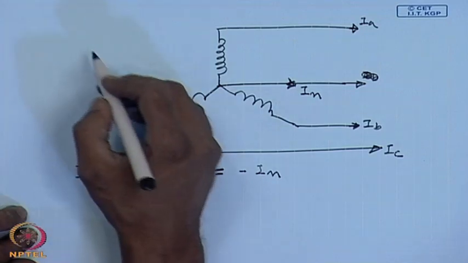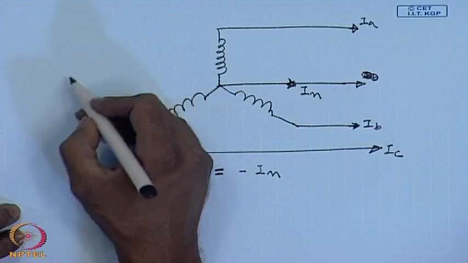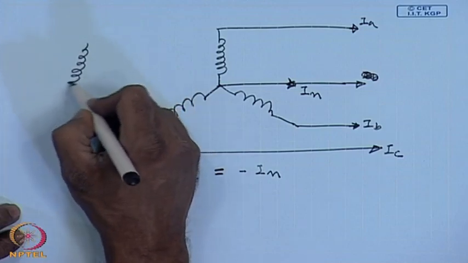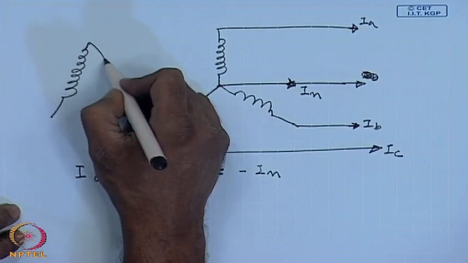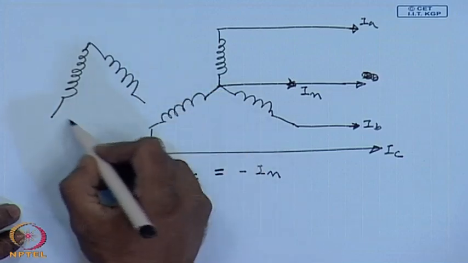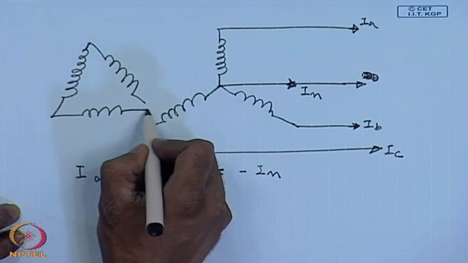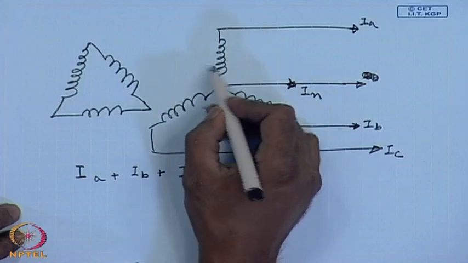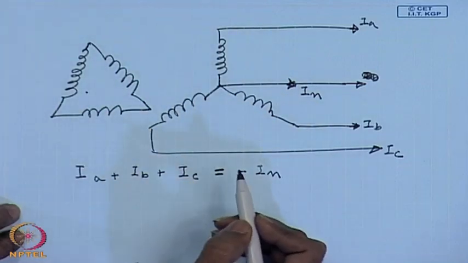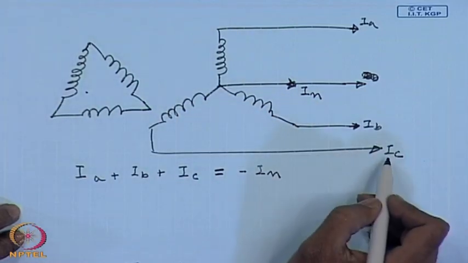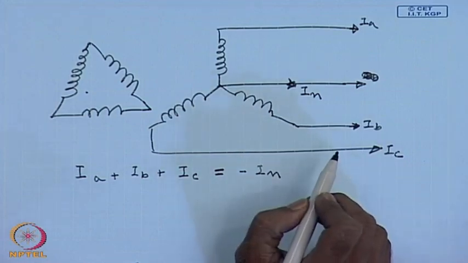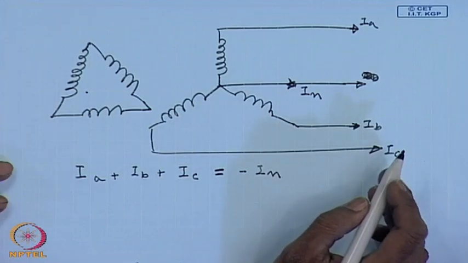Now, if the primary of this is delta connected, then the reflected winding currents I A dash, I B dash, I C dash will also be unbalanced. They will not add up to 0.